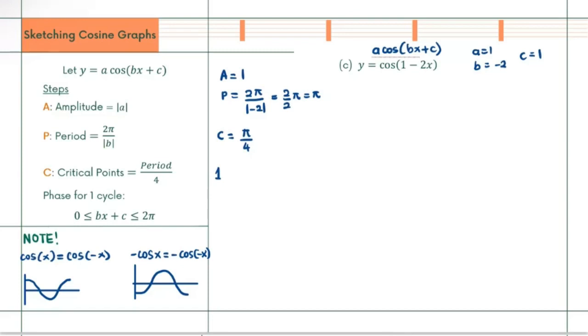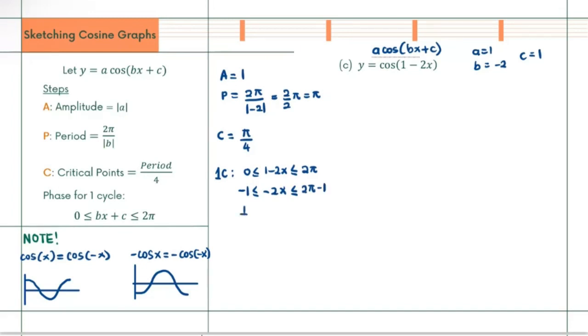Dan untuk one cycle, so 0 less than or equals to 1 minus 2x less than or equals to 2 pi. So saya dapat negative 1, negative 2x until 2 pi minus 1.